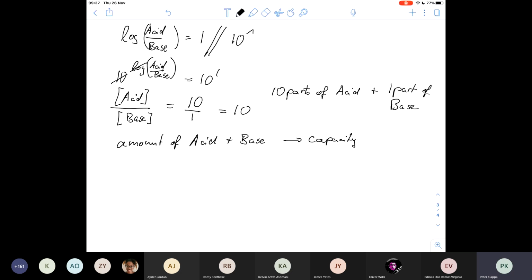So we said we have 220 millimole per liter, and we want to have 100 milliliter of the buffer. So how many millimoles do we need? How many millimoles is the capacity?